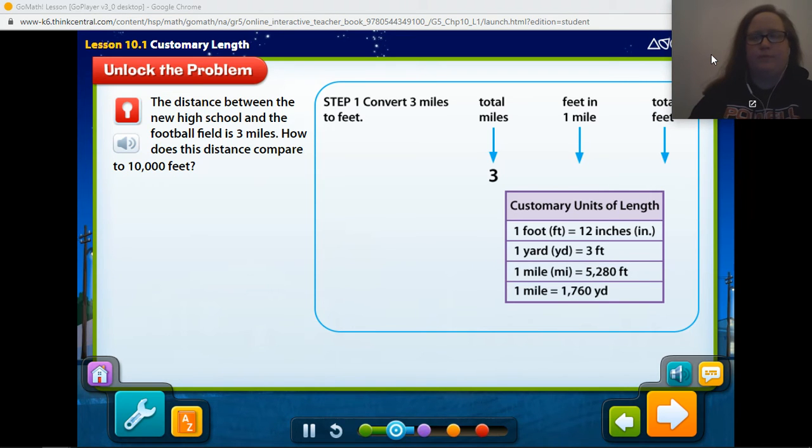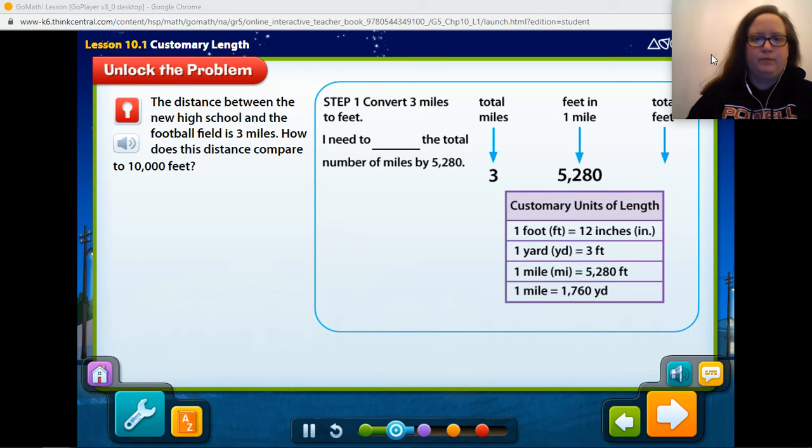So let's start by setting up an equation to convert 3 miles to feet. From the table, we know 5,280 feet are in every 1 mile. You are converting miles to a smaller unit of length. What operation do you use when converting a larger unit to a smaller unit?